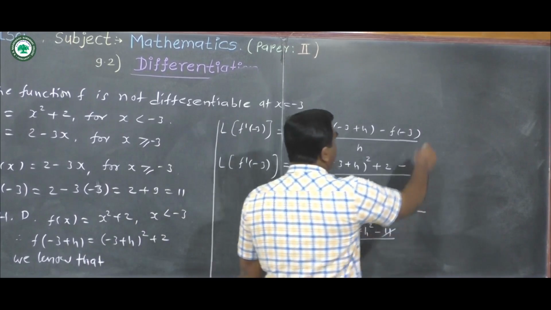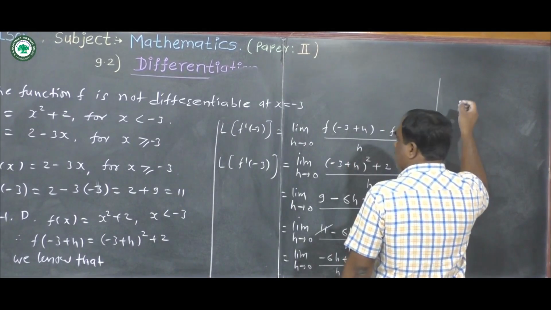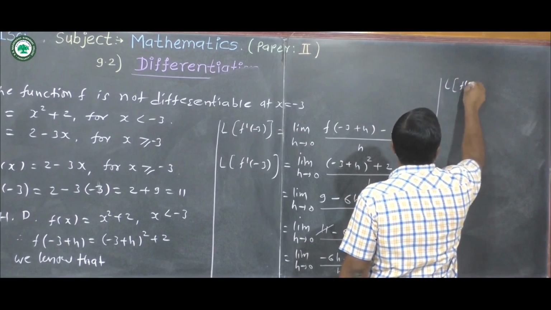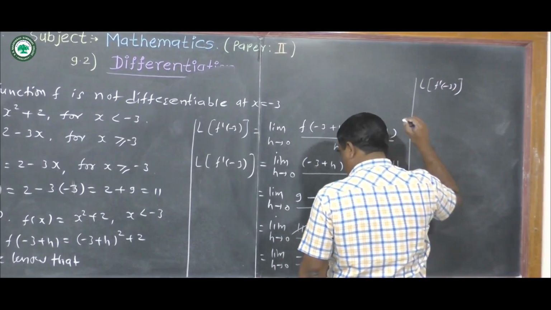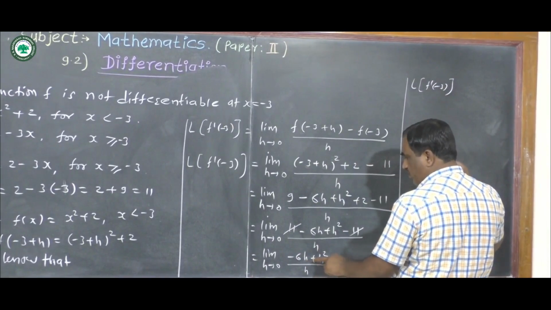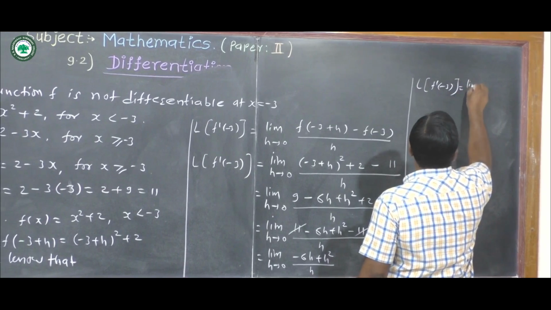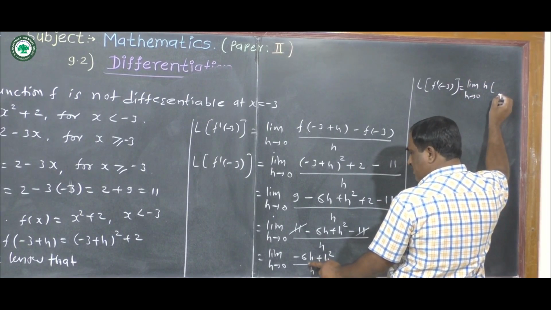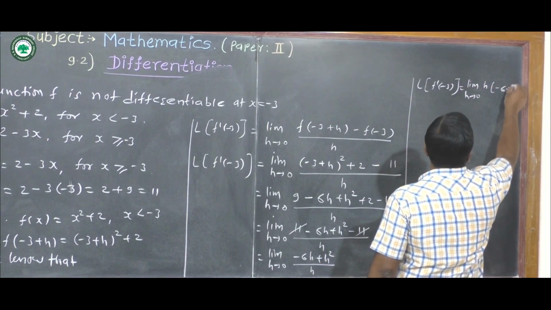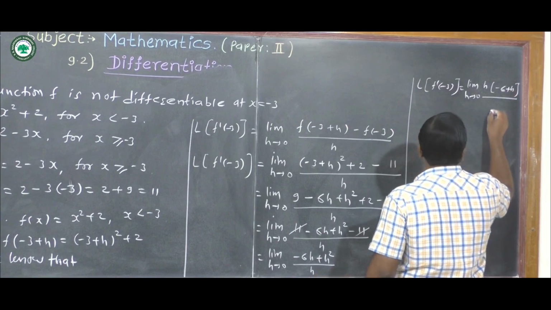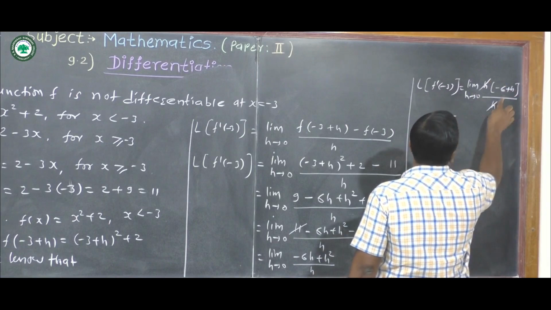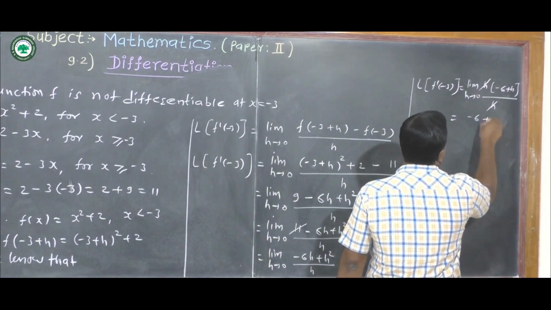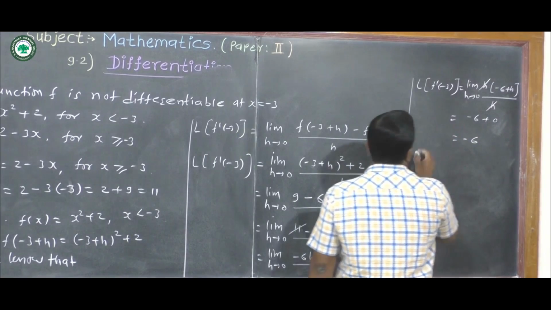Okay, that is we can write here L f'(-3), that is the left hand derivative at x equal to -3, is equal to, we can take h common from these two terms, limit h tends to 0 of h(-6 + h) upon h. The h cancels, we can put here h equal to 0, then we get -6 + 0, that is we get -6.